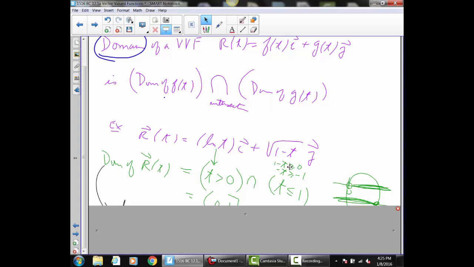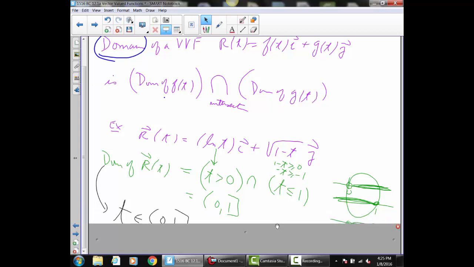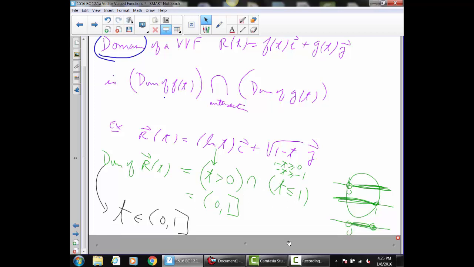There are no imaginary numbers, so your radicand has to be greater than or equal to 0, and that means t has to be less than or equal to 1. So you have all values of t greater than 0 and less than or equal to 1, which means the interval from 0 to 1, including the 1. And that would be your domain.